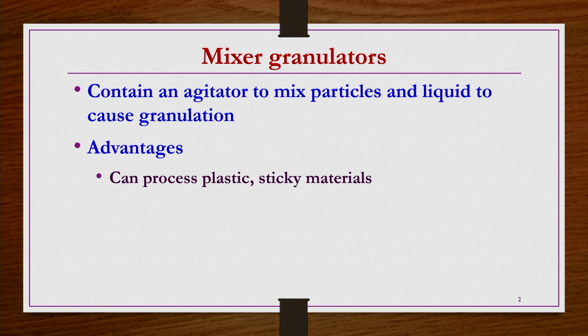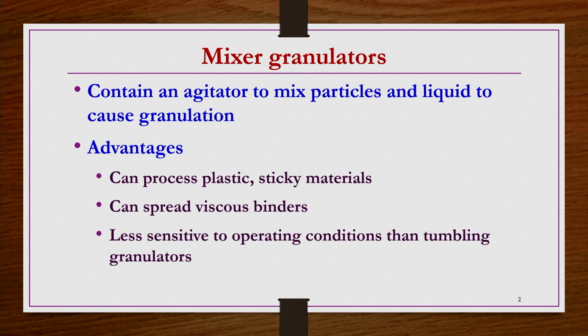In general the liquid binders that we are using are not very viscous. If they are viscous then the spreading is a problem. In these mixer granulators even viscous binders can spread easily, so the granulation performance or degree of granulation can be better.